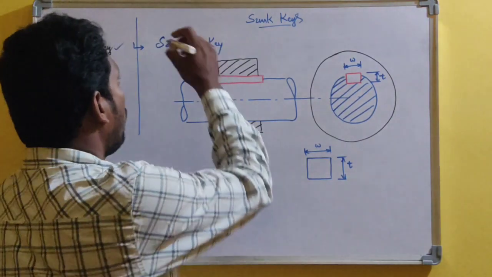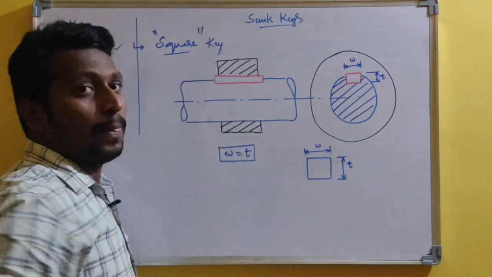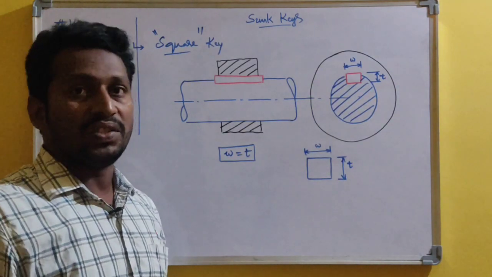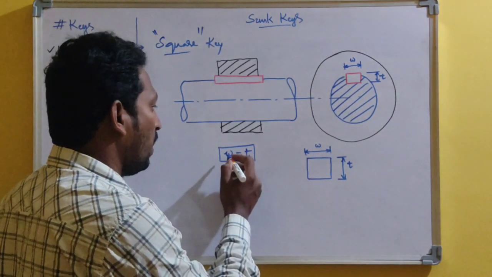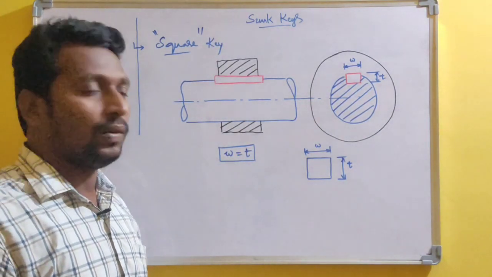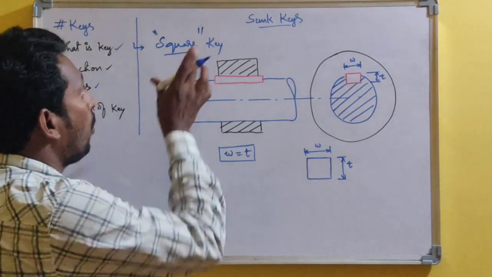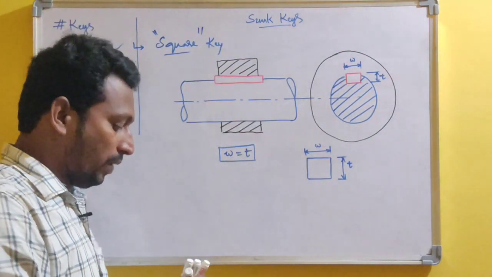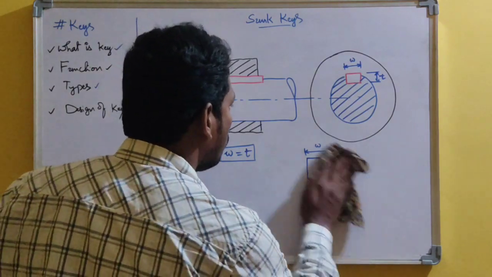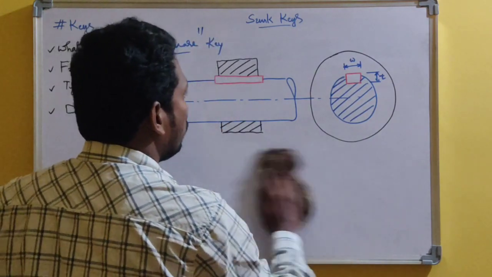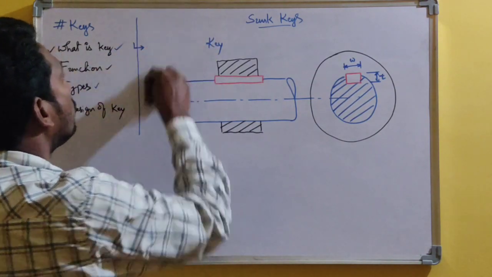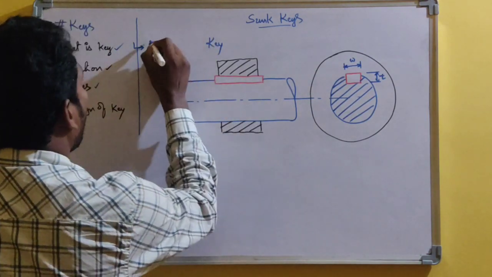Why? Because we have a square key. The only difference is the cross section is square, so we can equate w equal to t. So this is about the square key. Then the next type of key is the parallel key.